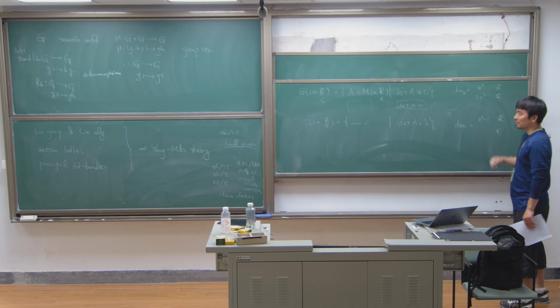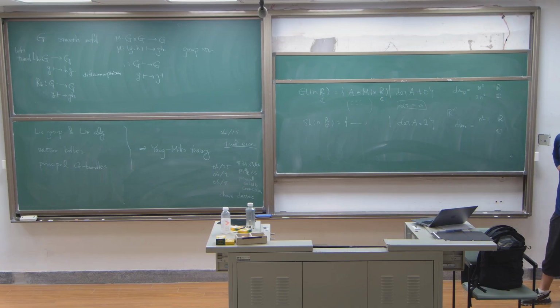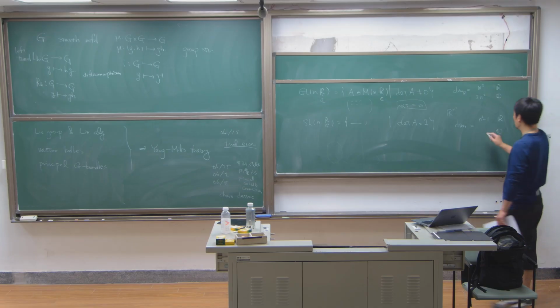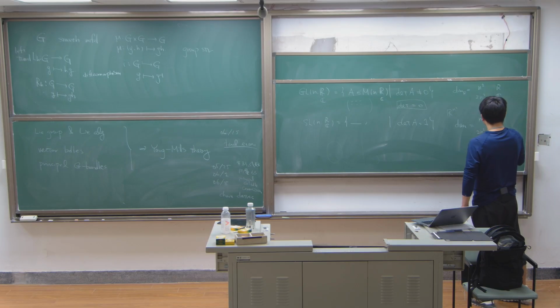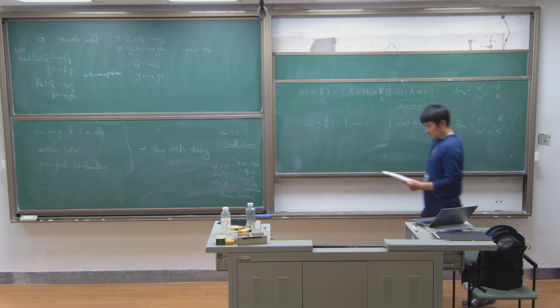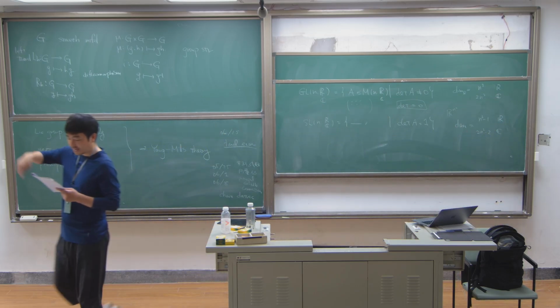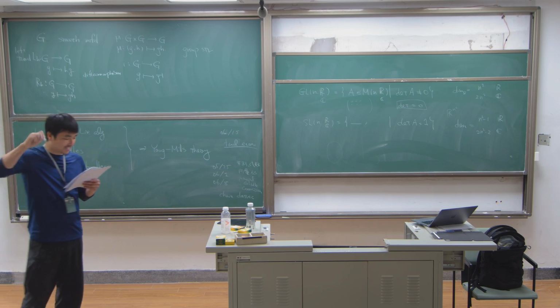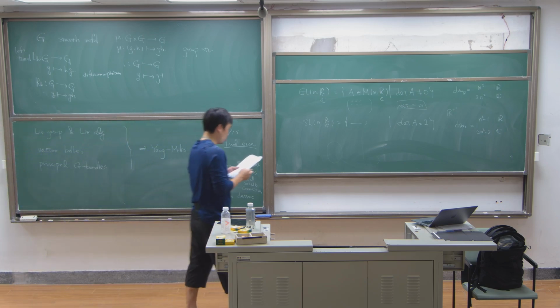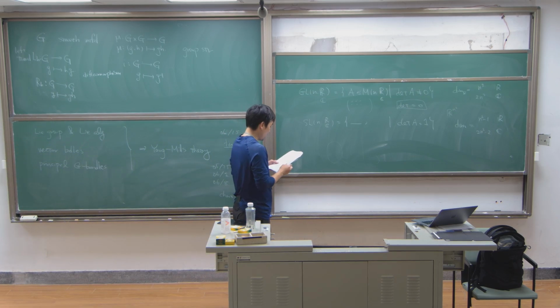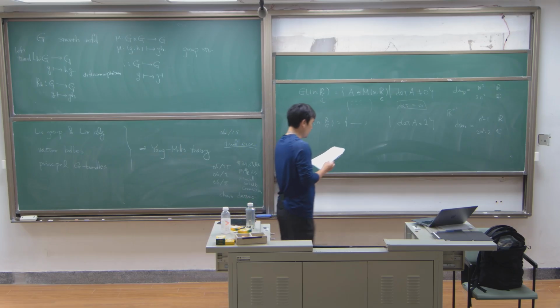And how about C? Good, 2n squared minus 2. So that's the special linear group.